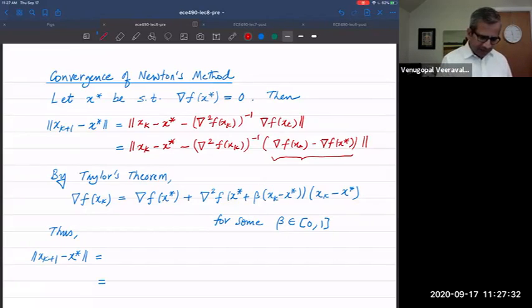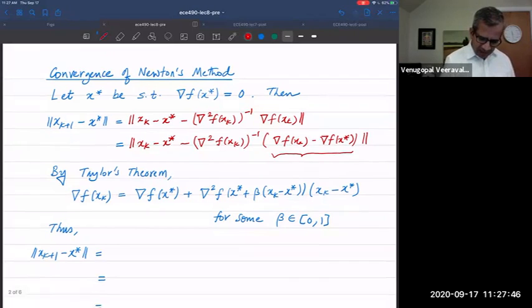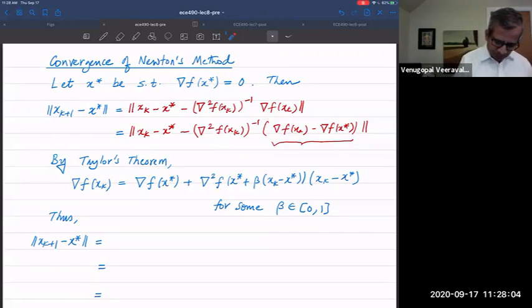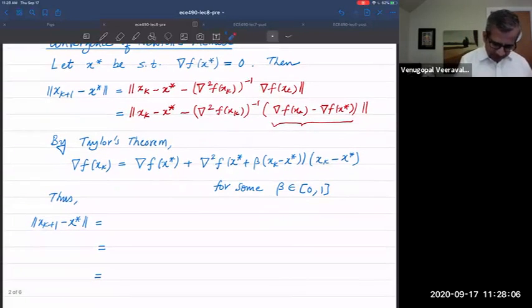So I'm going to apply Taylor's theorem to this quantity. The way I do that is I expand the gradient of f at xk in terms of the gradient of f at x star. That gives this expression, the first order exact expansion for some beta between 0 and 1. Now let's plug in the Taylor expansion.